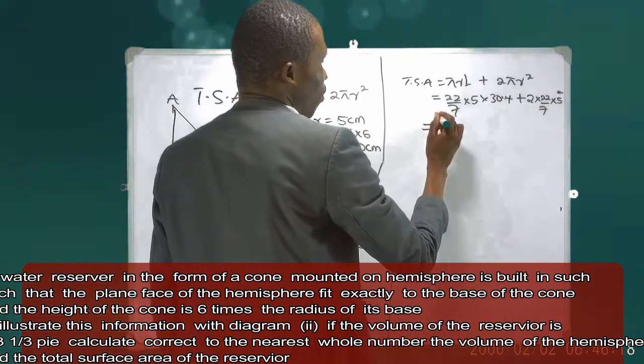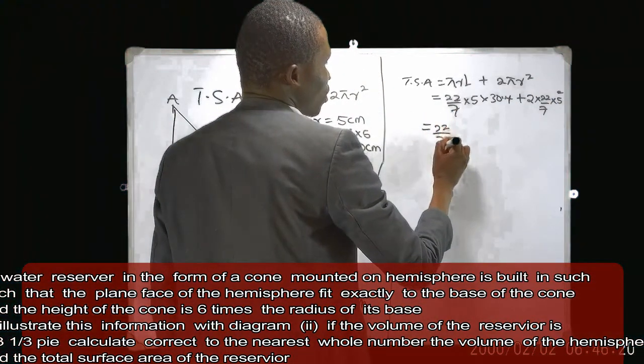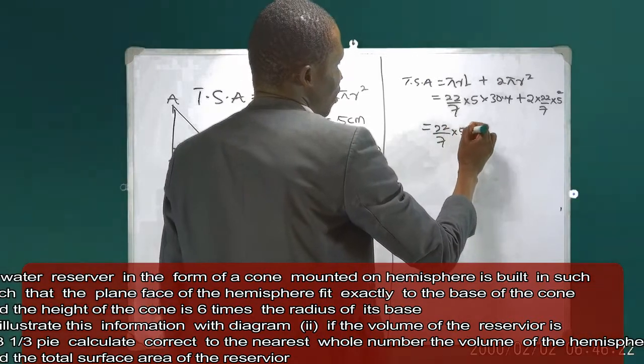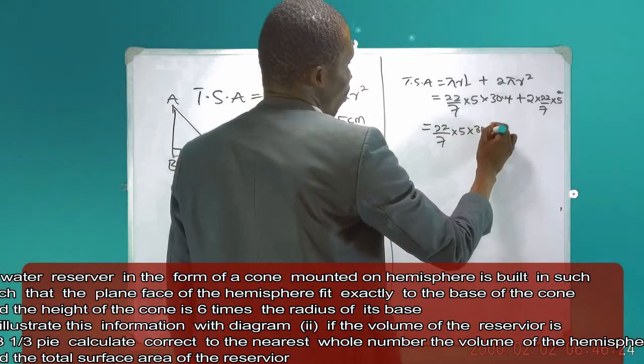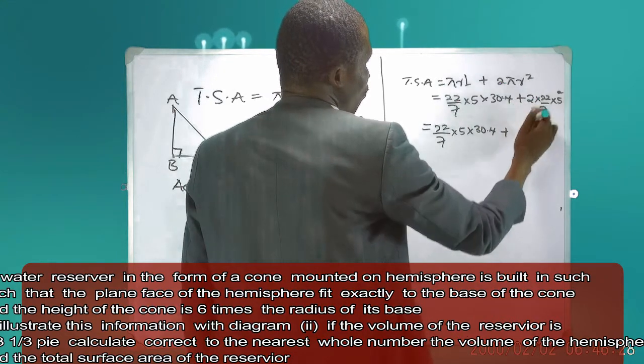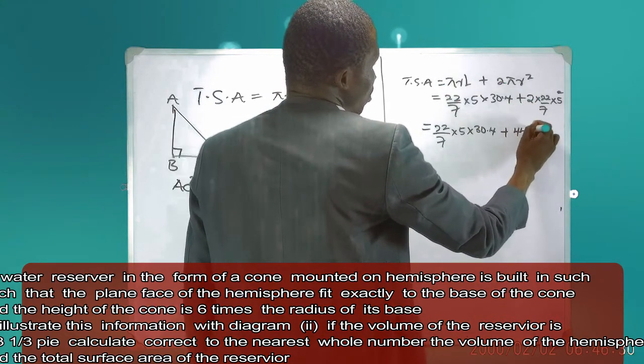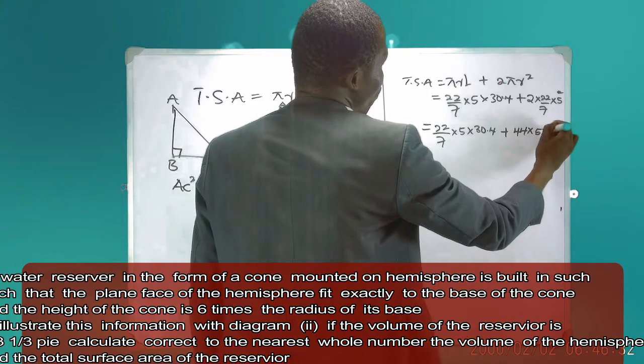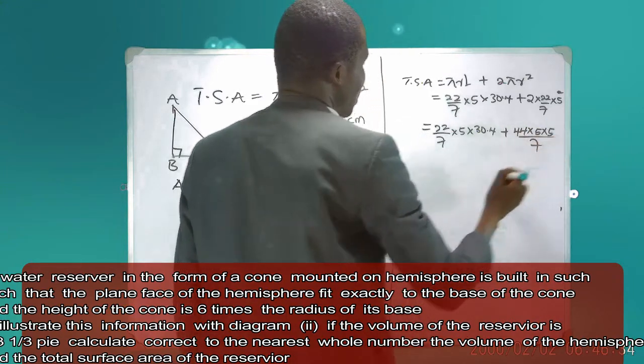Then this will give us 22 over 7 times 5 times 30.4 plus 44 times 5 times 5 divided by 7.